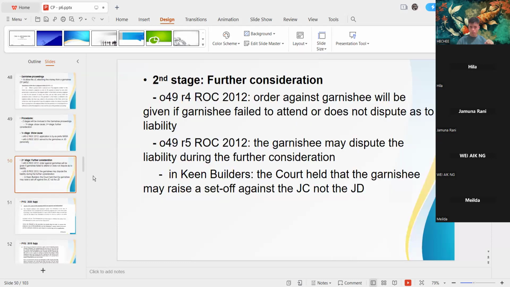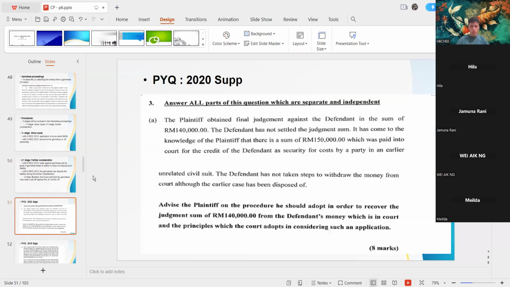Is everyone okay? Okay. Let's take a look at the 2020 supplement paper.